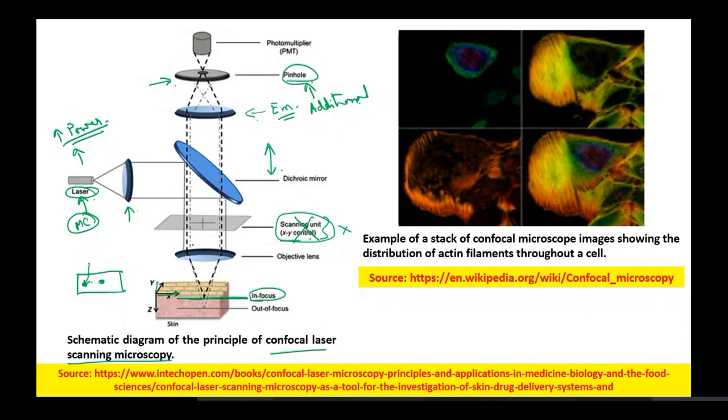Now in this case, the light gray dotted line, if you see, the out of focus line, it is here. Now it is not allowing the out of focus lights to pass through this pinhole. This pinhole is blocking.